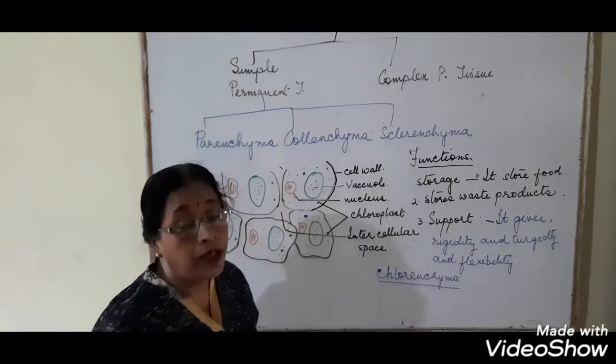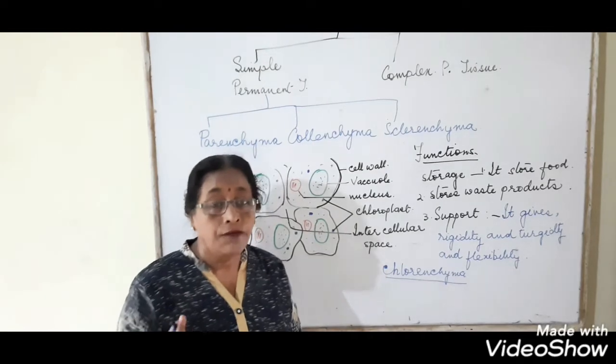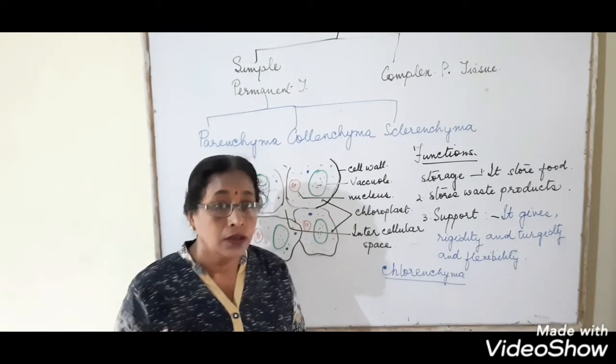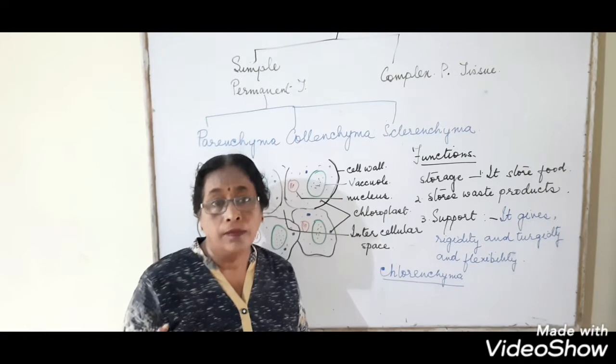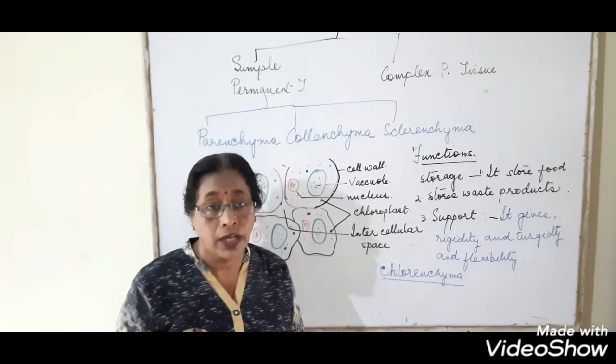If the same parenchymatous cells are found in the aquatic plants, you know what are aquatic plants? Plants that grow in water. They are also known as hydrophytes.